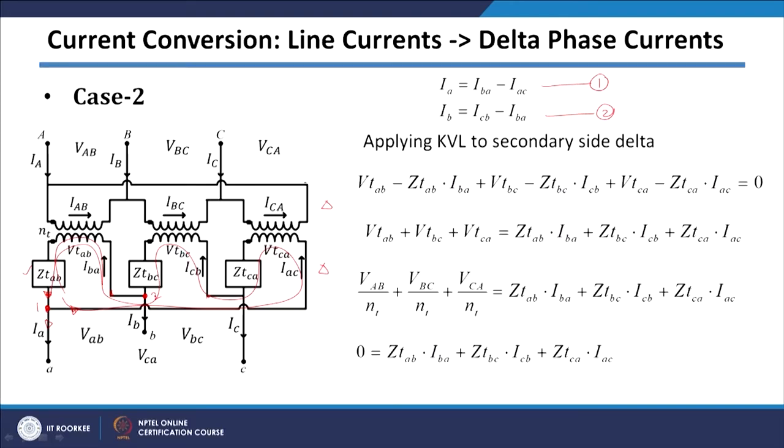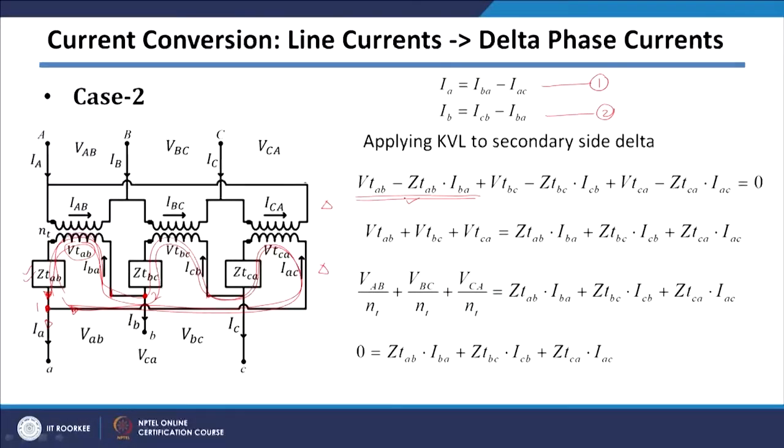To get the third equation, we can apply KVL for the loop which I have shown here. So, we can apply KVL to this whole delta winding loop of the secondary side. The voltage VAB will be nothing but the terminal voltage VTAB minus the voltage drop across the leakage impedance.